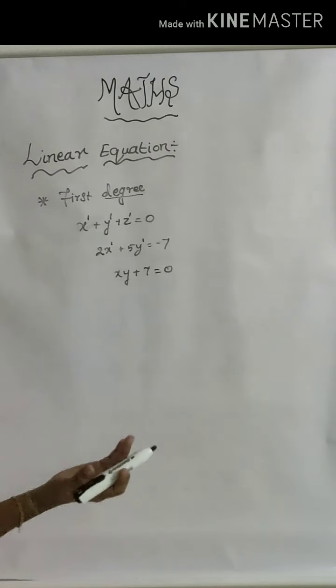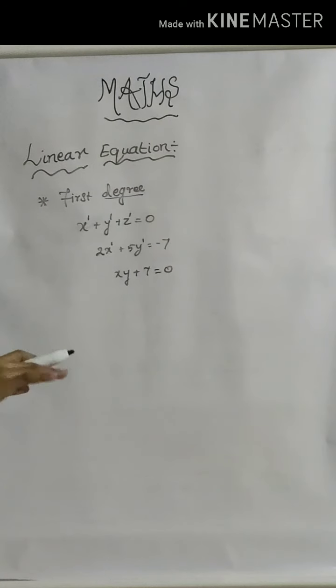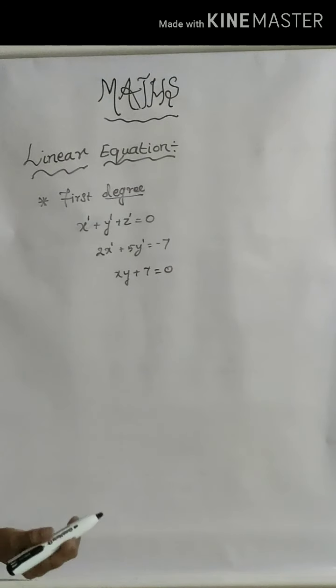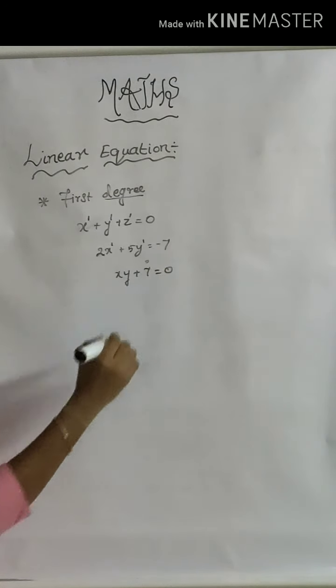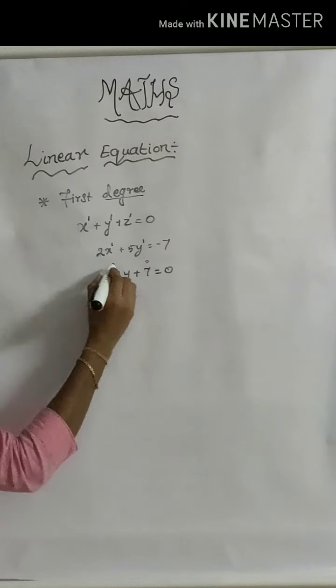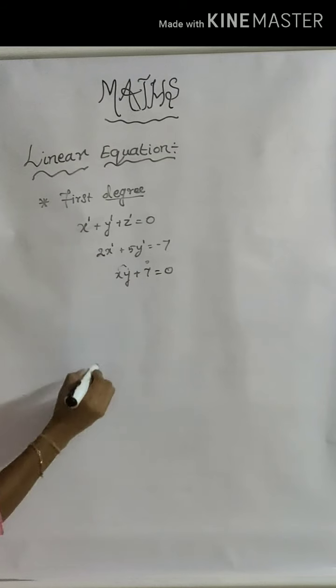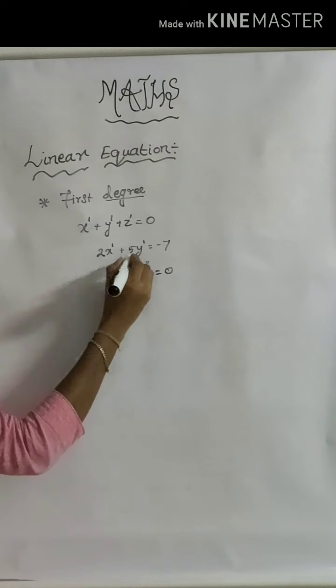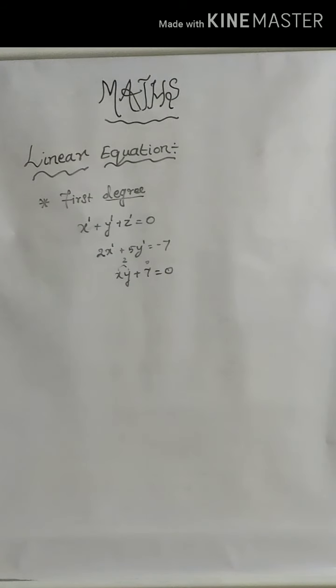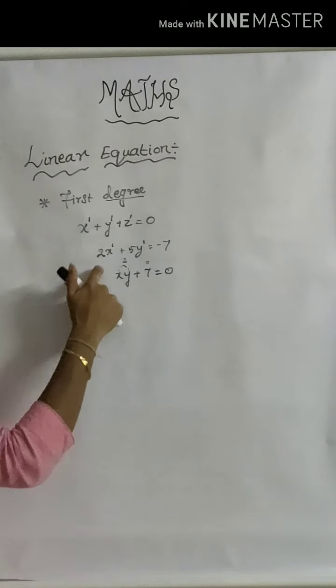Now, in the second term we don't have any variable. If we don't have any variable, we consider that power as 0. In the same way, x to the power 1, y to the power 1, if it is in multiplied form, we add the powers to get 2.